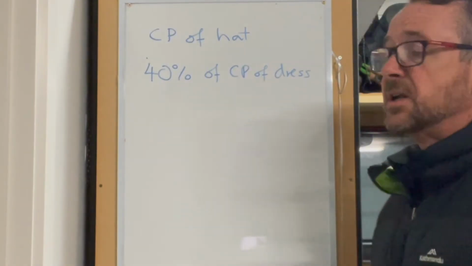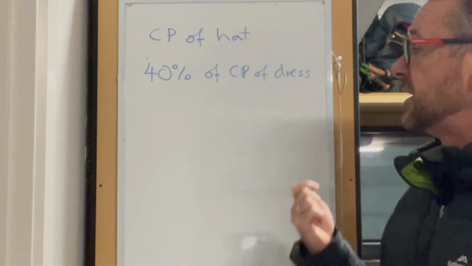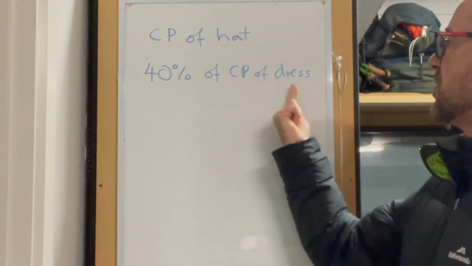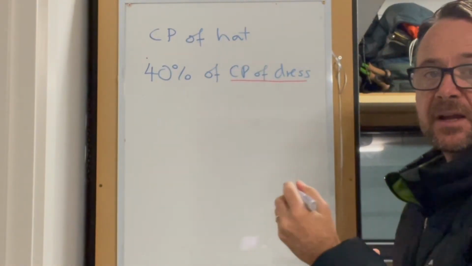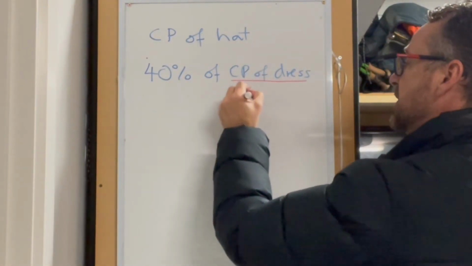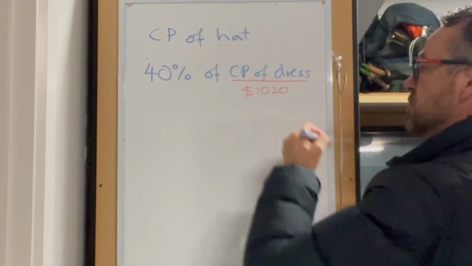Okay, the next question tells us to find the cost price of the hat, and it tells us that it's 40% of the cost price of the dress. Now, the cost price of the dress we found in part A, so that value there is $1,020, okay?